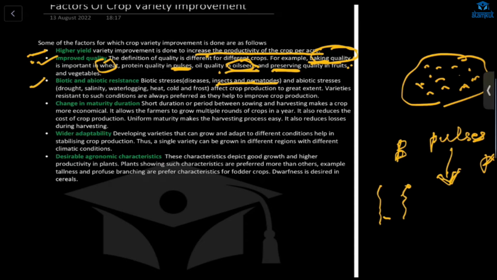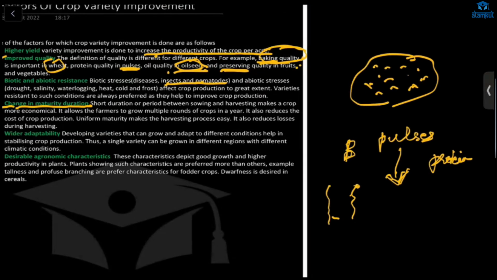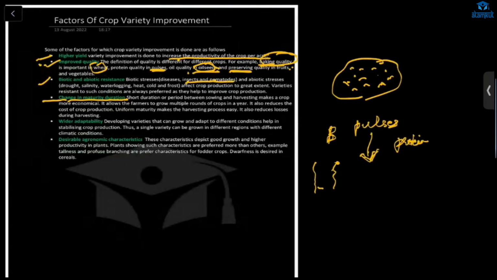Yes. Okay. Next, we have change in maturity duration. In change in maturity duration, some crops will ripen fast, right? They will be harvested quickly, and some crops will take time. So here what quality are we increasing? Change in maturity duration.